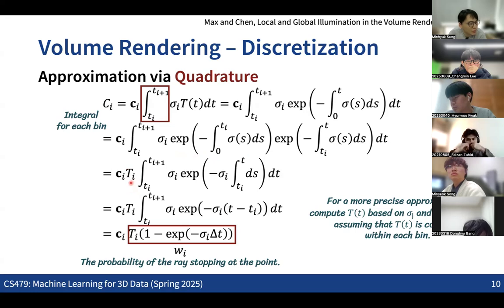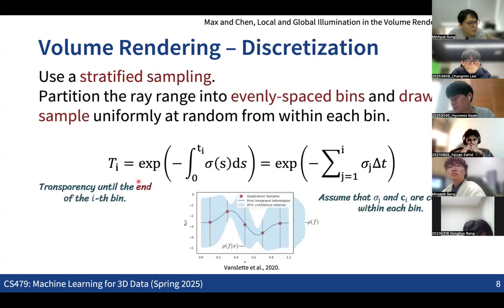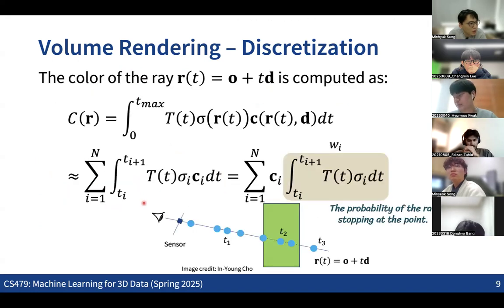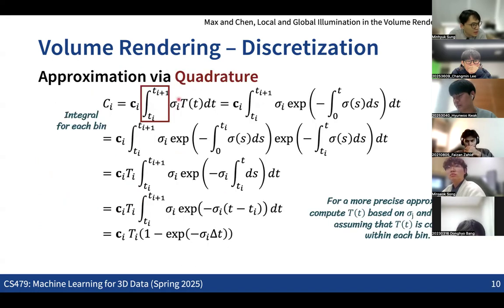This is what we defined in the previous slide, indicating the transparency until the end of the i-th bin. So when you take the integral from Ti to Ti plus 1, we divide the transparency term into two integrals. The first can be calculated with the capital Ti that we have here, and the second can be calculated with the constant sigma i here.